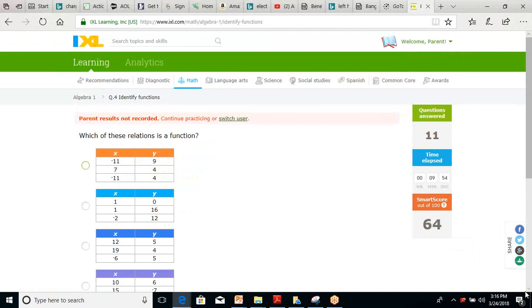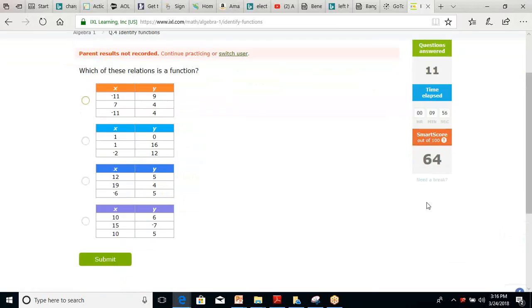All right. So let's do this one and then we can move on, right? So which of these relations is a function? So we have 2 x values there of that, and they pair with different y values. So this is not a function. We have 2 x values, but they're paired with different y values.